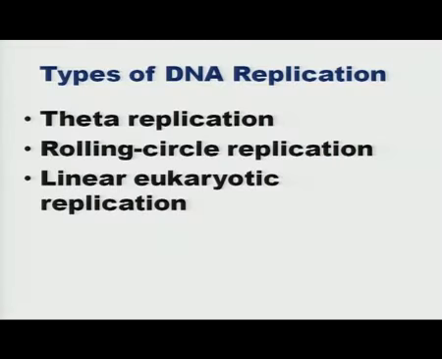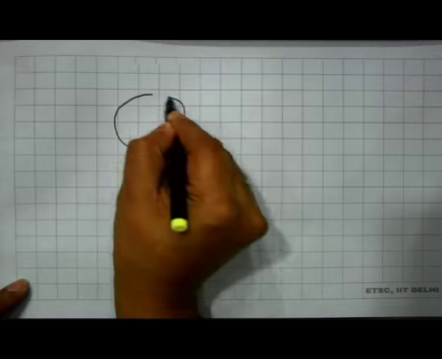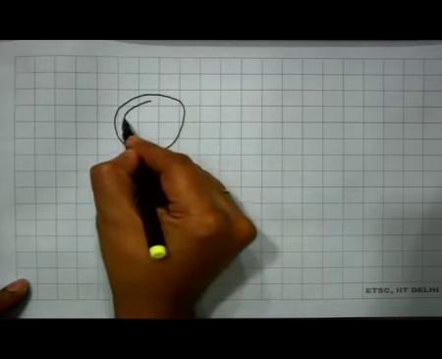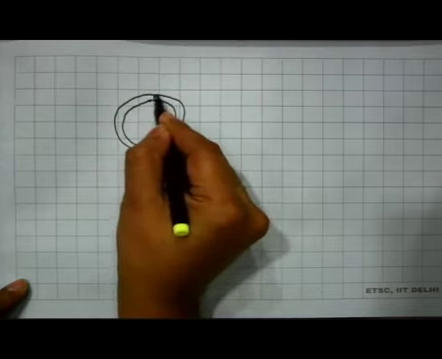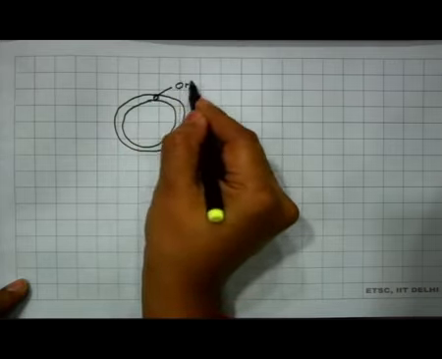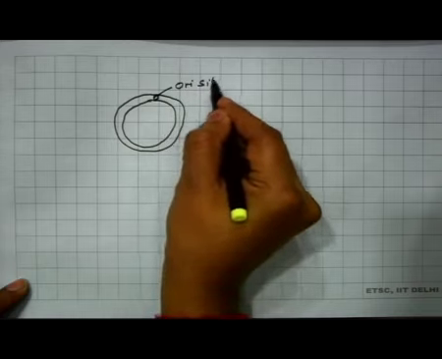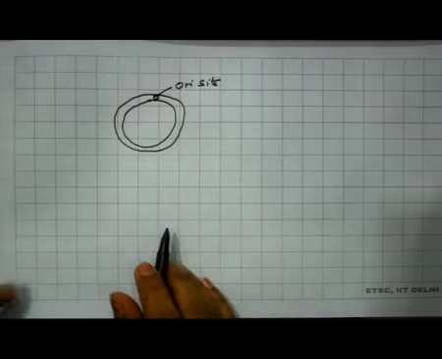Now, types of DNA replication. There are three main types of DNA replication. The first is theta replication. In theta replication, suppose the DNA is circular, as in the E. coli cell, and here is the origin. Origin means from where the replication will begin.